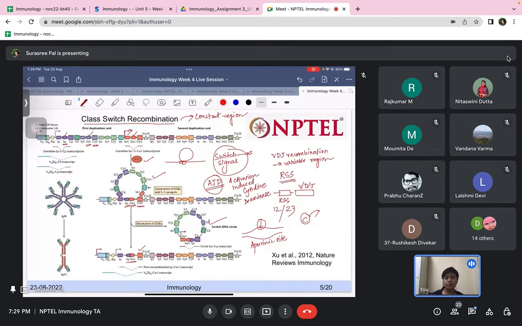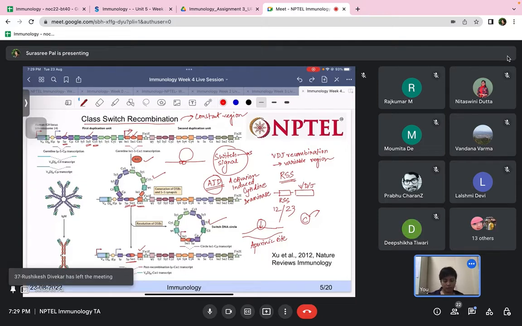Alright, so this is more or less what happens in class switch recombination. You can read about it more from this very good review that I have gone through, and I have taken this particular figure from this review. So you can go through this if you want more information about it, right?